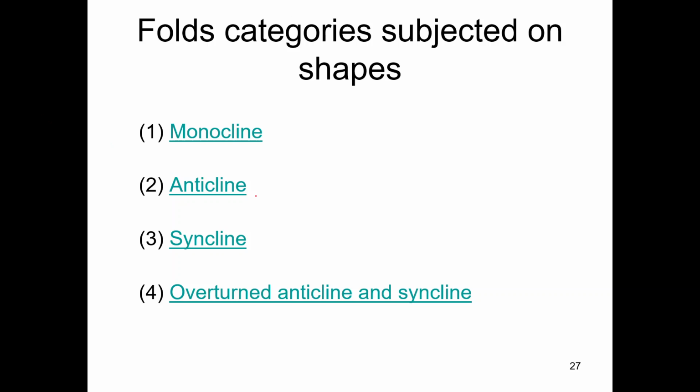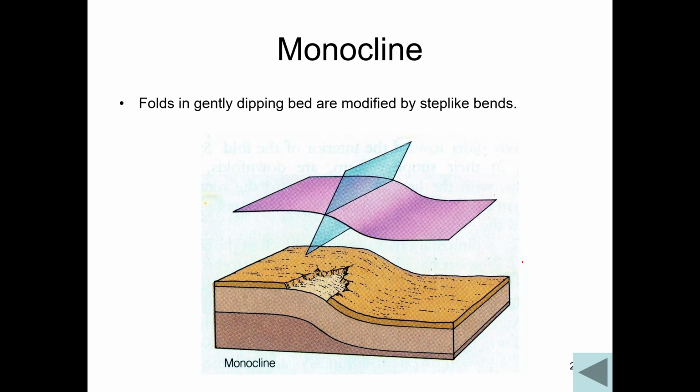So we have a few categories: monocline, anticline, syncline, and overturn. A monocline has a gentle dipping bend on one side.